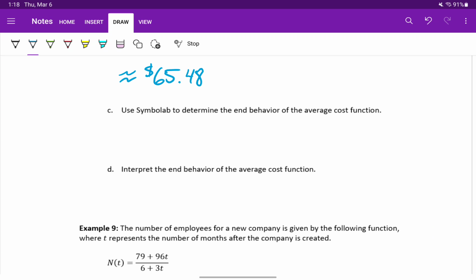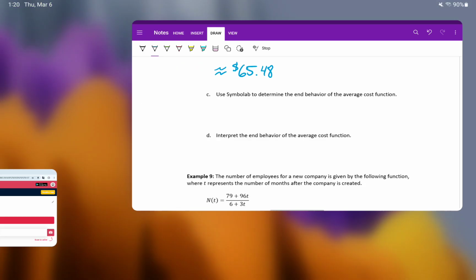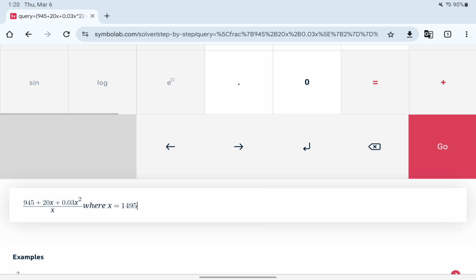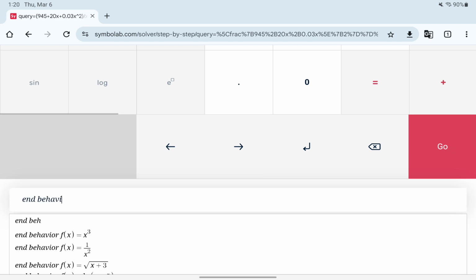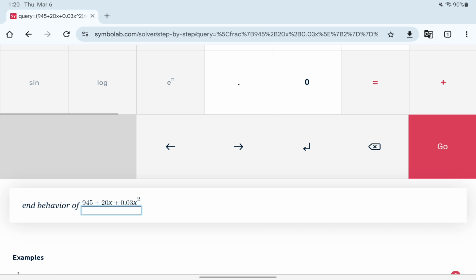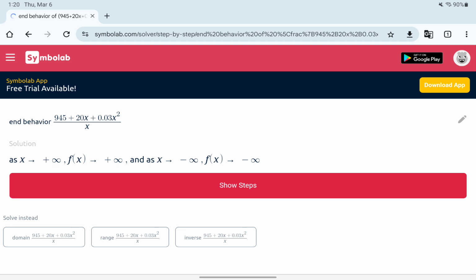Now we want to determine the end behavior of the average cost function. We can do that in Symbolab as well by asking for the end behavior of our function C bar, and it'll tell us that as x approaches infinity, f of x is approaching infinity, and as x is approaching negative infinity, f of x is approaching negative infinity.